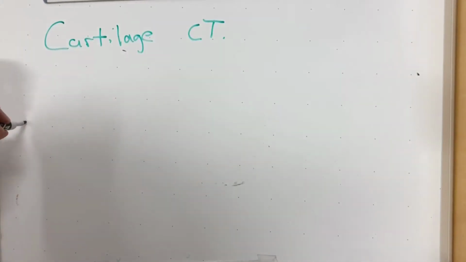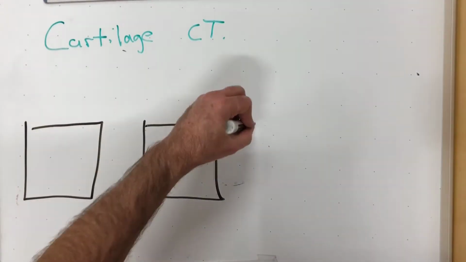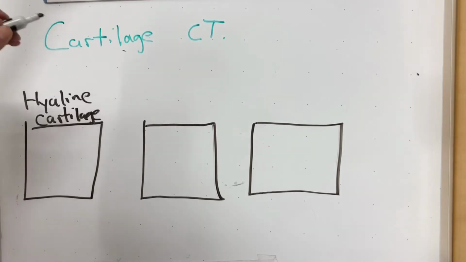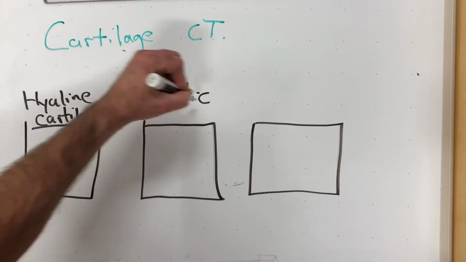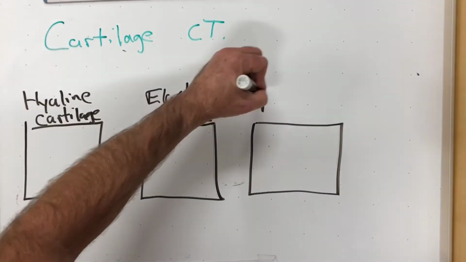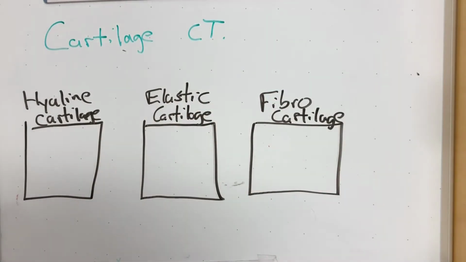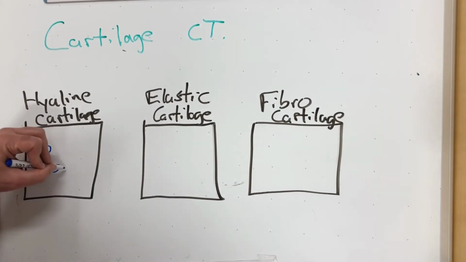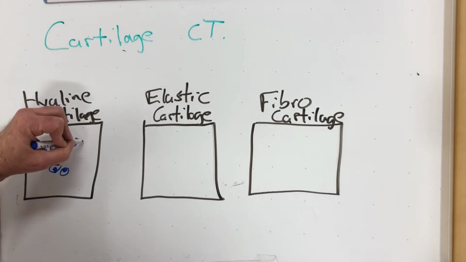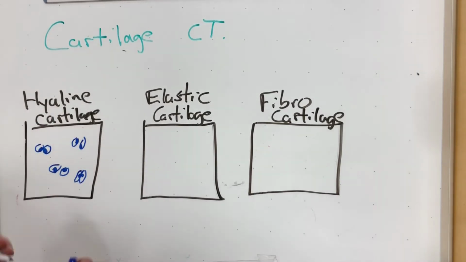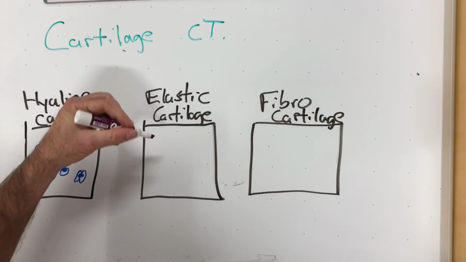Now, the three different types of tissues can be differentiated based on how many fibers are in the tissue and how the chondrocytes are arranged in their lacunae. In hyaline cartilage connective tissue, you see no fibers at all, a relatively small number of chondrocytes in their lacunae, and the lacunae tend to be in pairs, making the chondrocytes look like sets of eyeballs.